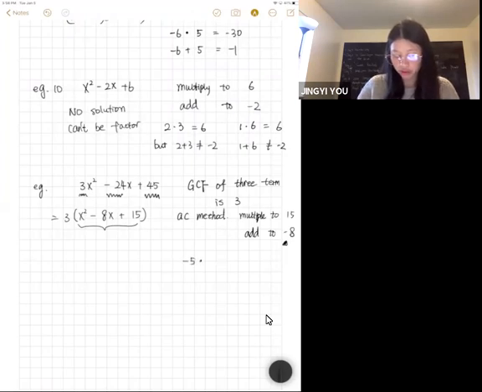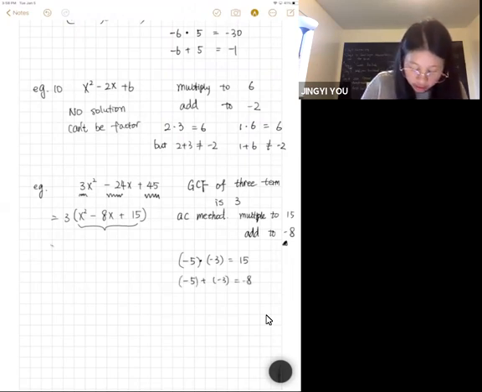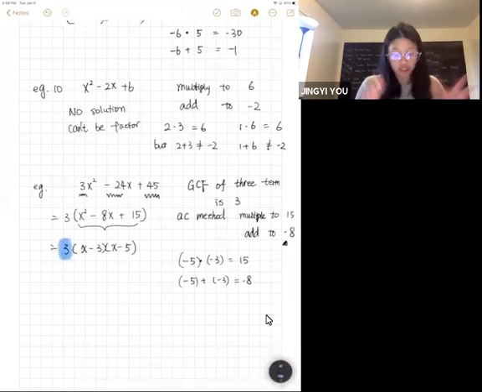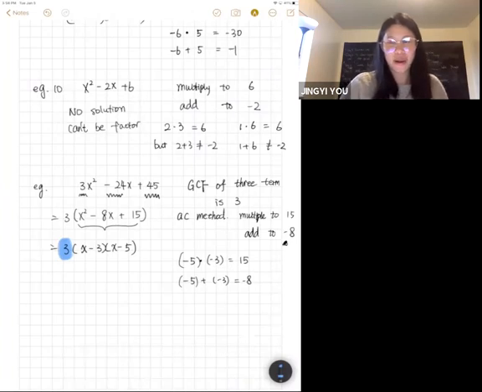Negative 5 times negative 3 is equal to a positive 15. And then negative 5 plus negative 3 is equal to negative 8. That means negative 5 and negative 3 are the numbers we're looking for. So our answer should be 3 times x minus 3 times x minus 5. Don't forget this 3 in front, because this 3 is still there.